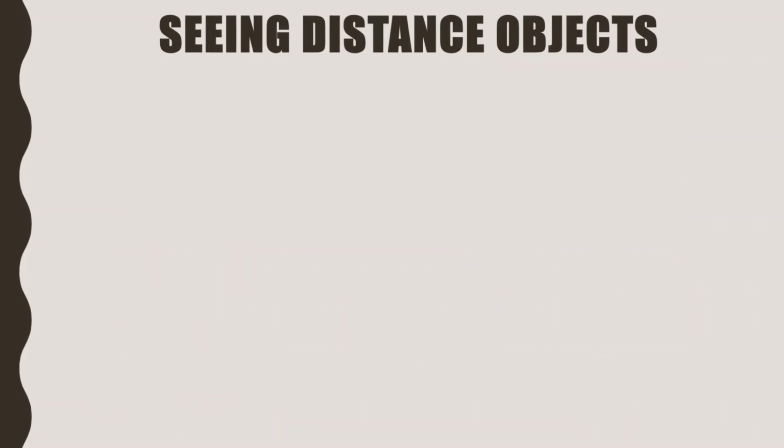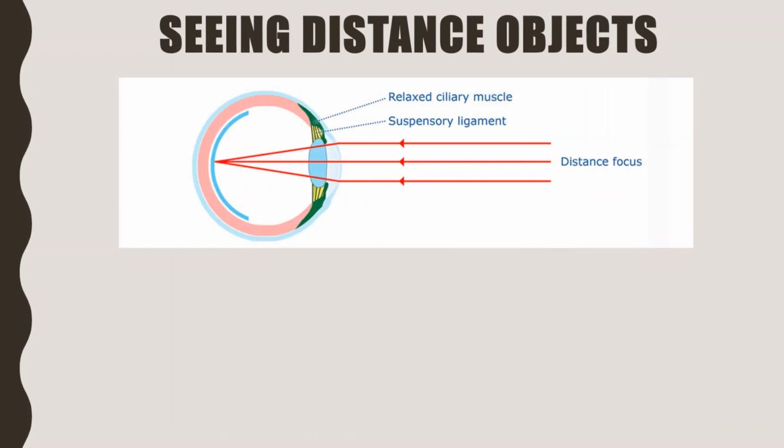What happens when you see a distant object? When the object is very far, what happens? Look at the lens again. This time the lens is not that thick. It is thin and it is big. Compared to the earlier lens, this is thin and the size is big. Why?